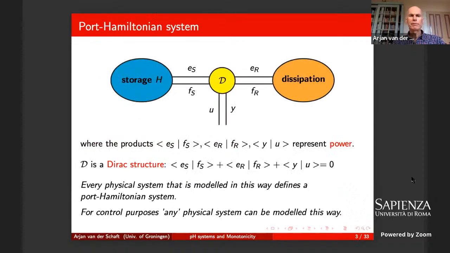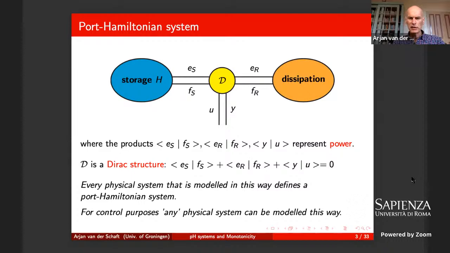So the basic idea of a forward Hamiltonian system can be explained by this cartoon. The idea is that we model our physical system by ideal components, which are basically divided into three groups.